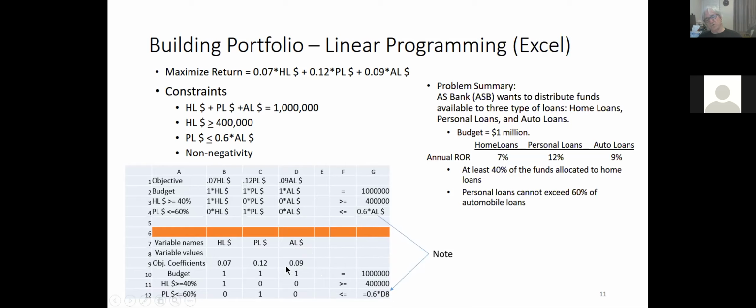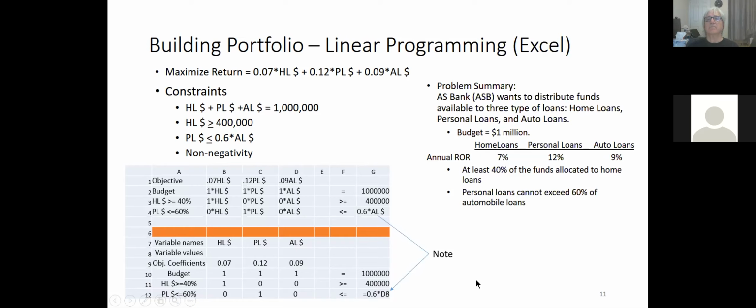I'm going now to go to Excel, and you will see this model exactly, and we'll run a solution, and then we'll do sensitivity analysis. Okay, and now I'm going to the Excel model.